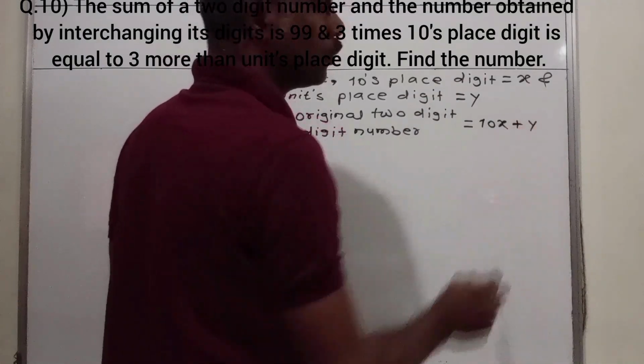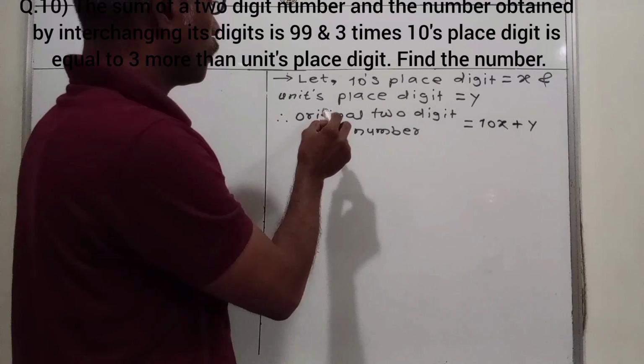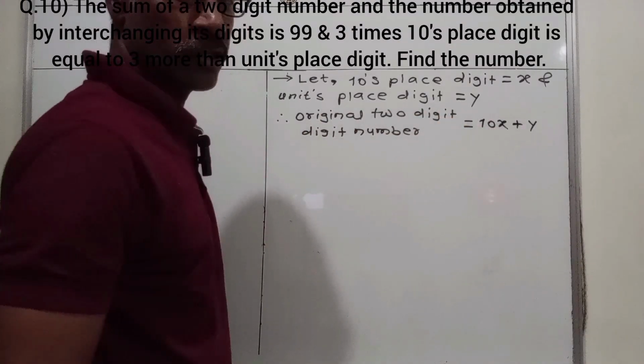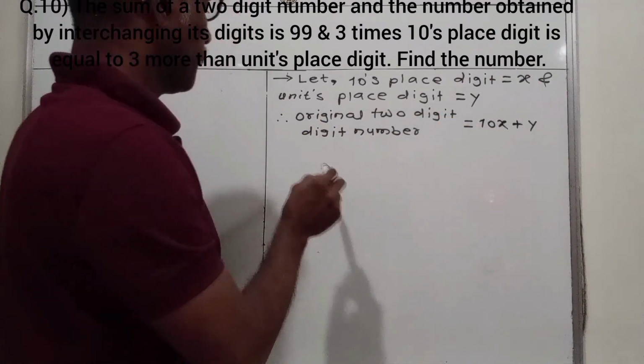So 1 into y. So the original two-digit number is equal to 10x plus y.